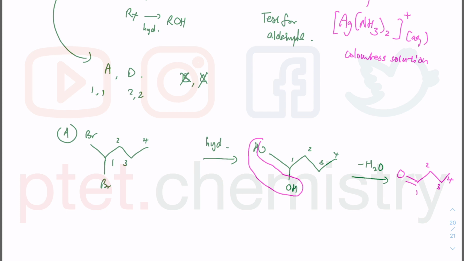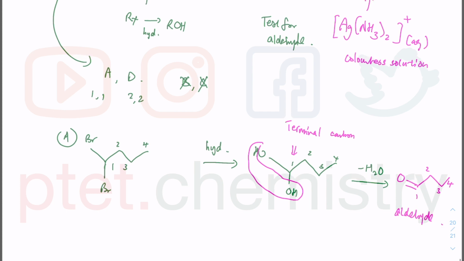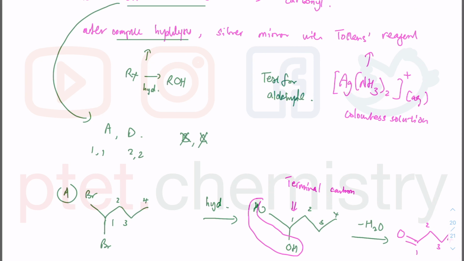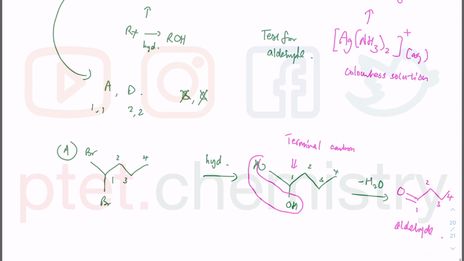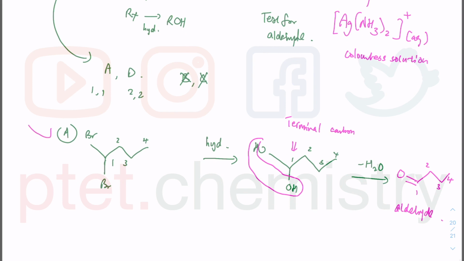So this is a terminal carbon there, and because it's a terminal carbon, when you remove H2O, you're going to get an aldehyde, and remember that your aldehyde is the one that will turn the Tollens reagent, which is this thing, into silver mirror, because your aldehyde gets oxidized, and this thing is the oxidizing agent that gets reduced to give you a silver mirror with this particular Tollens reagent. So A is the answer we're looking for.